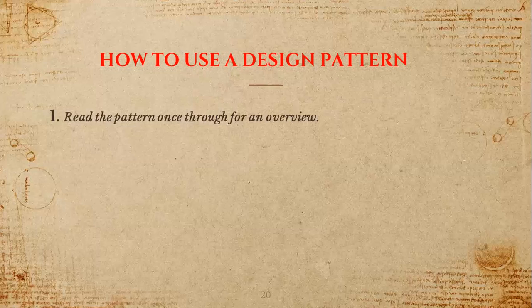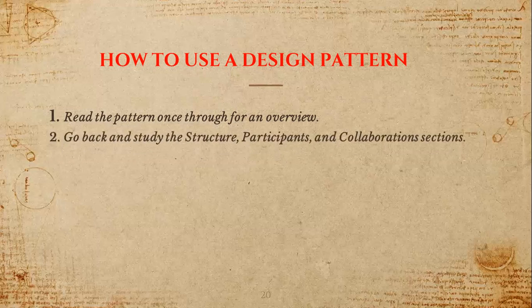Then in the second step, we go back and study the structure, participants, and collaboration sections. This makes sure that we understand the classes and objects in the pattern and how they are related to one another.